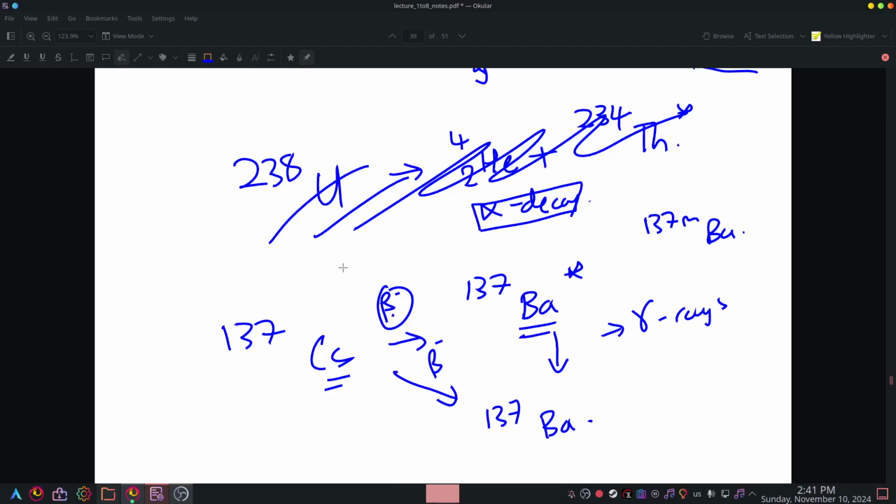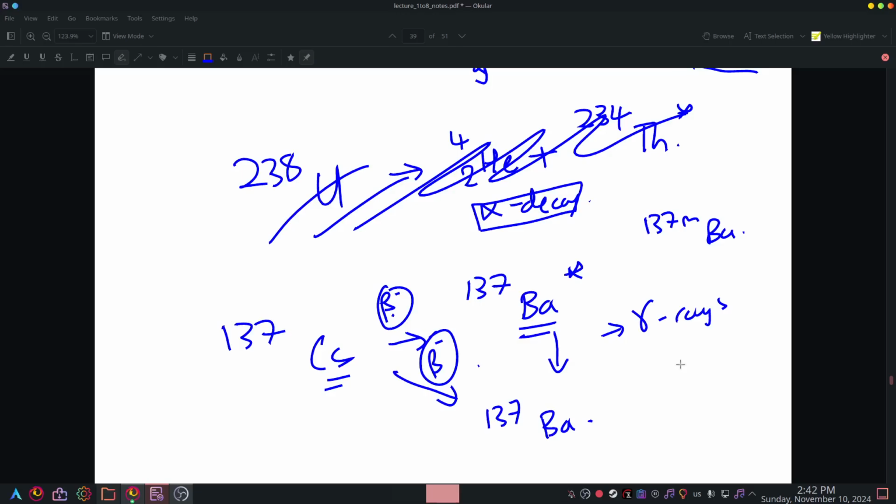In the second mode, this beta will carry away all the energy of the decay, and then there will be no gamma ray emitted here. Gamma rays, again, you emit them when you excite the nucleus.